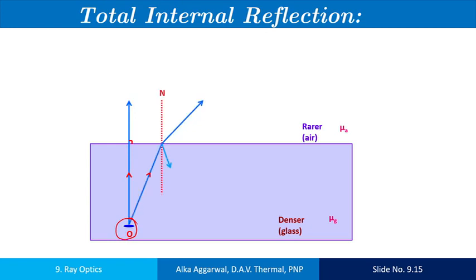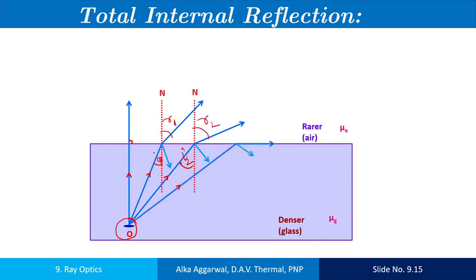Now this ray is incident at an angle I1 and the angle of refraction is say R1. The second ray is incident at an angle of incidence I2. As the angle of incidence increases, the angle of refraction also increases.